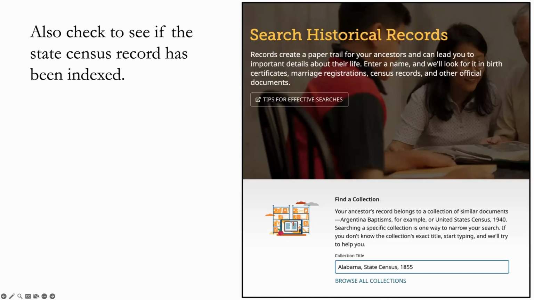Ancestry attempts to index all their records, and with their new AI, they probably are in the process of indexing everything they had left. But Family Search is still playing catch up with indexing, and it'll take a while before all the records on Family Search have been indexed by handwriting recognition and computer-aided indexing, which is CAI, computer-assisted indexing.